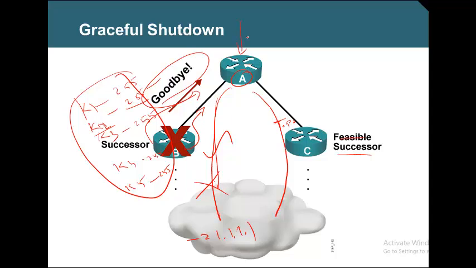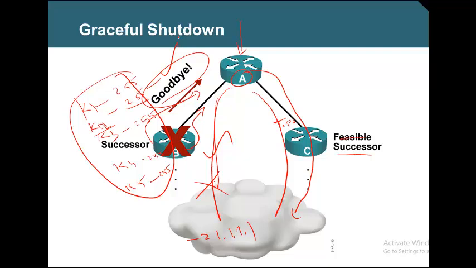So the goodbye message is a notification packet. It notifies immediately when something goes wrong, when some error happens in the successor route to reach some destination, immediately, without any 5-second or 10-second delay. This is a triggered goodbye message notification.